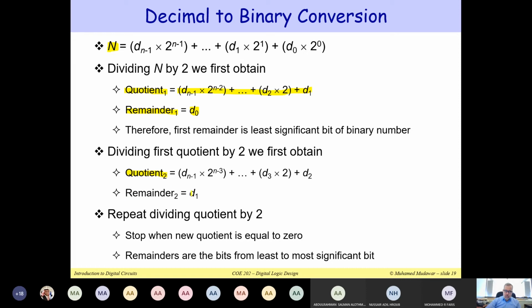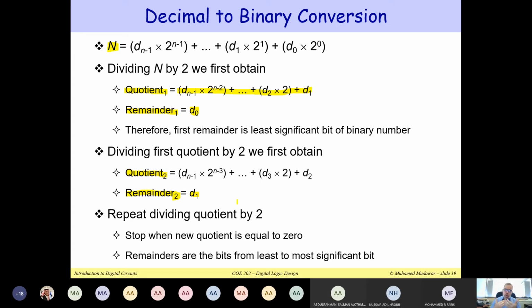And you get the remainder 2, which is equal to D1. So this D1 becomes the second remainder. And you continue dividing by 2 until you have discovered D2, D3, all the way to Dn minus 1. So you discover all the bits of the number. So this is actually a mathematical proof that the method works.